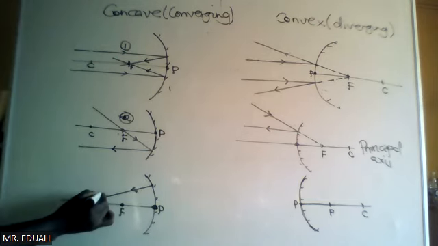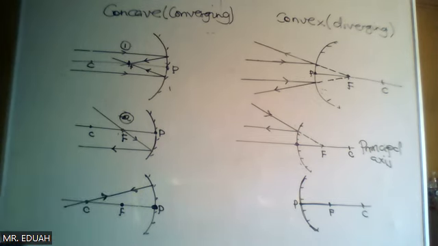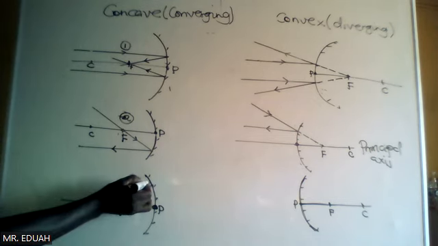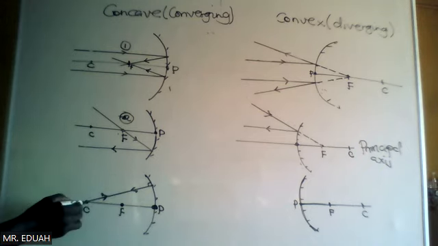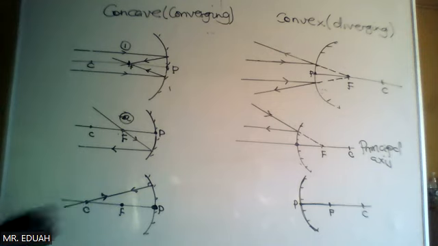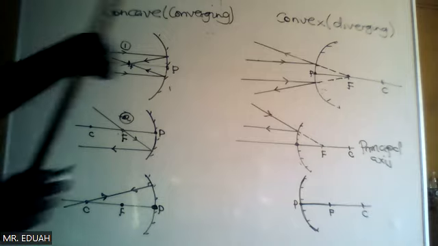So the two arrows actually show that once the ray is interacting with the mirror in that manner, at 90, it will reflect and pass through a point, and this point is the center of curvature. Okay, so incident, reflection.